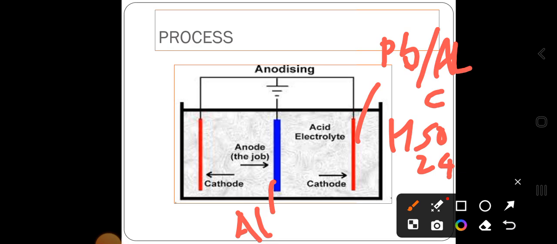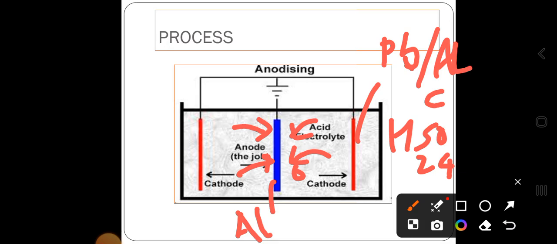So that's aluminum. Now once the electric current is passed, this is again nothing but a kind of electrolysis, but this method is called anodizing because here what is happening is that from the sulfuric acid, oxygen goes on adding to the metal, that's aluminum. Okay, so now we all know oxidation is addition of oxygen or removal of electrons.